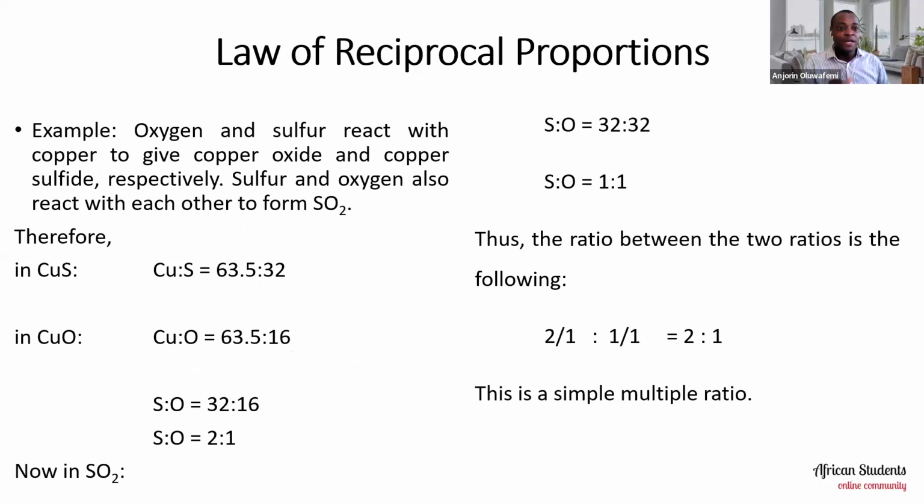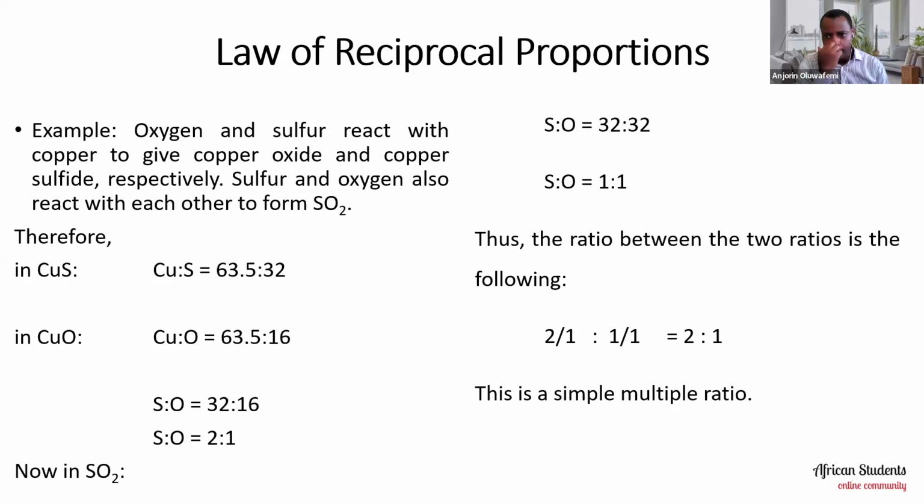Copper sulfide, copper oxide. The ratio after going through all that is ratio 2 to 1. That's sulfur to oxygen, ratio 2 to 1, because it's the sulfur and oxygen that is varying, like I explained before. Now, a whole different compound like SO2, whereby sulfur and oxygen is combining together, the ratio is 1 to 1.